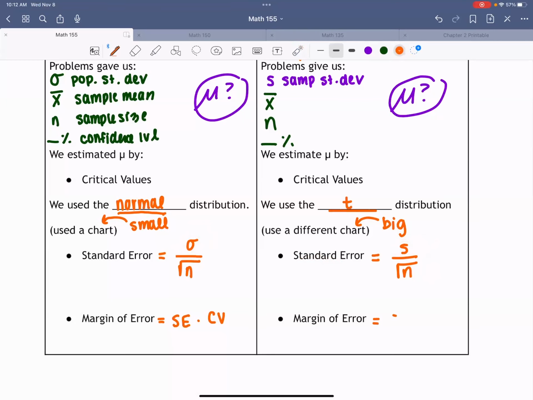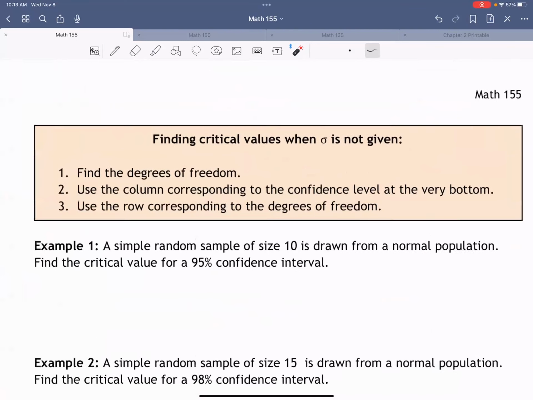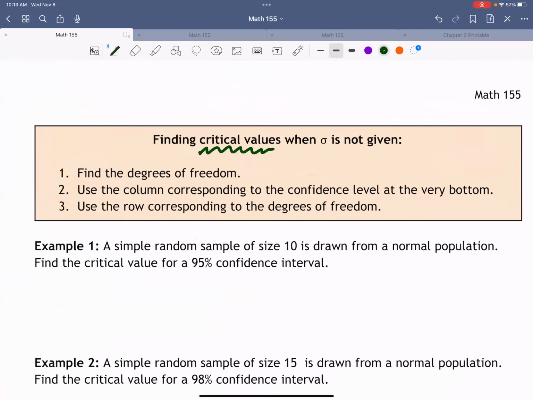Okay, I guess the big question is how do we use the big chart, right? That's the biggest question. I promise you it's not that bad, okay? So let's just say we want to find the critical value for this section where we're using the big chart. The first thing I want you to notice is sometimes instead of critical value, the textbook will use some weird symbol.